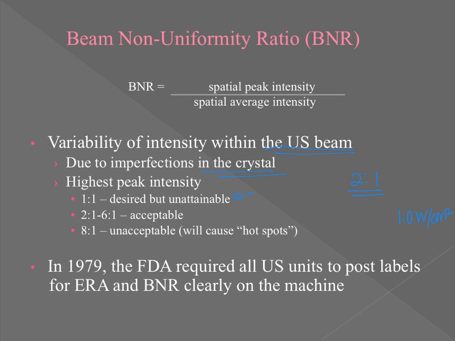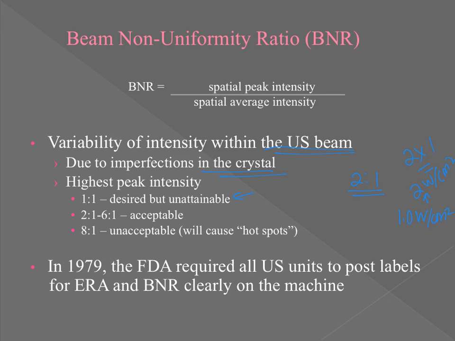What we know about this is the maximum intensity that could occur in that treatment is going to be 2 times 1. Does that make sense? Or 2 watts per centimeter squared. That's the highest it could spike, right? And we're okay with that.